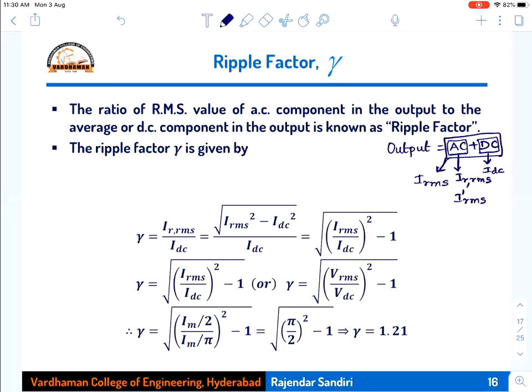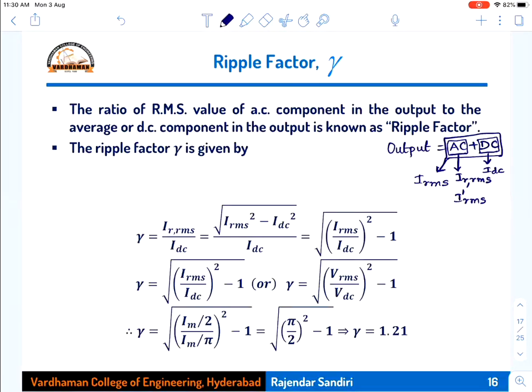The DC value is IDC, simple. There is no confusion with respect to DC. But IRMS and I dash RMS are different. IRMS is the RMS value of the entire combination of AC plus DC, and I dash RMS is just the RMS value of the AC component.